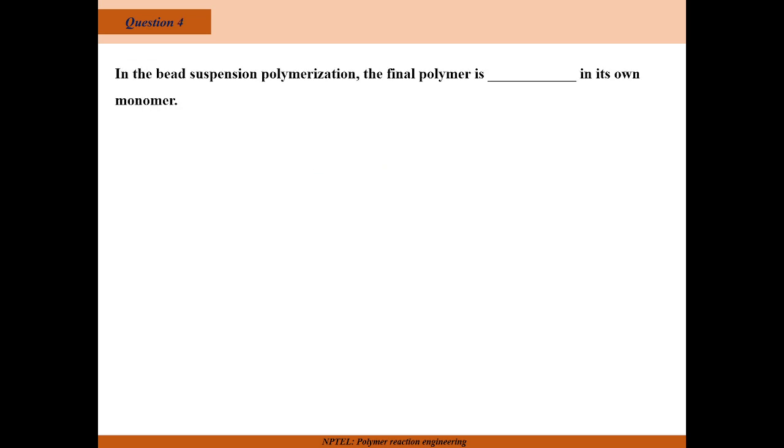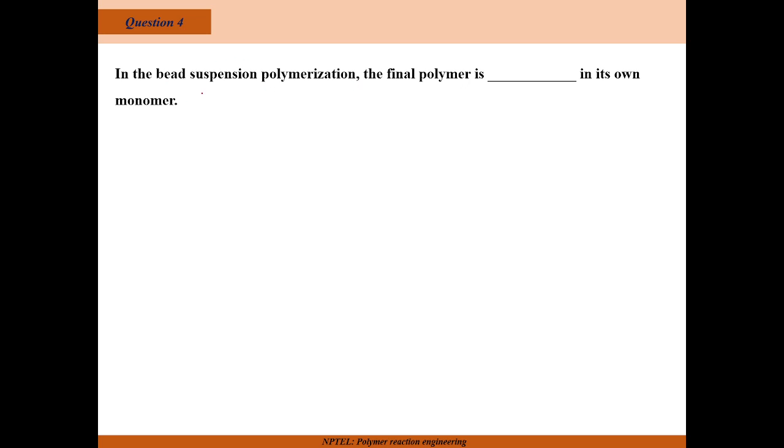In bead suspension polymerization, the final polymer is dash in its own monomer. Here we are basically talking about solubility, so it is soluble.